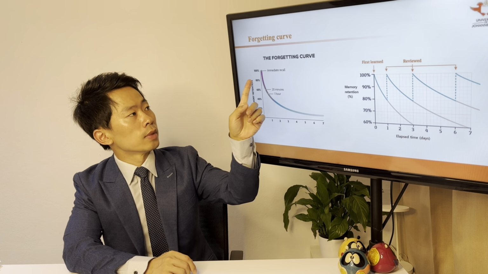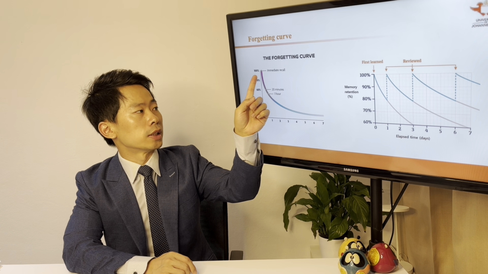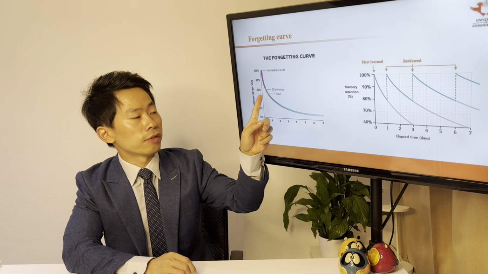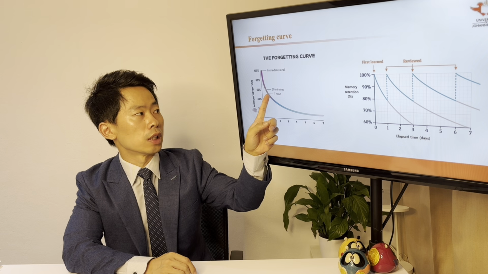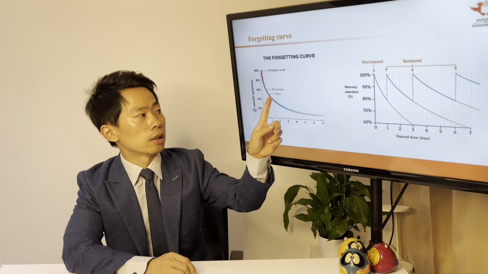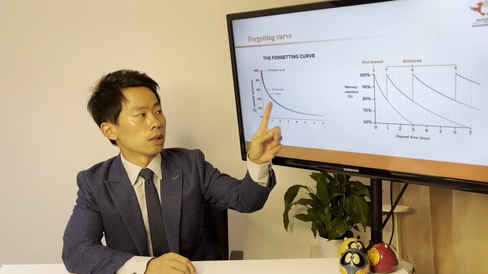So you can see if we remember the content knowledge 100% at first, after 1 hour we will forget almost 50% of it if we don't revise. And afterwards, the way we forget information becomes slower.